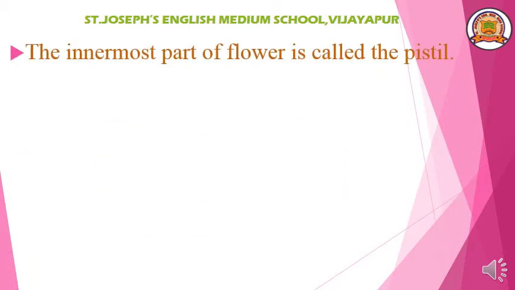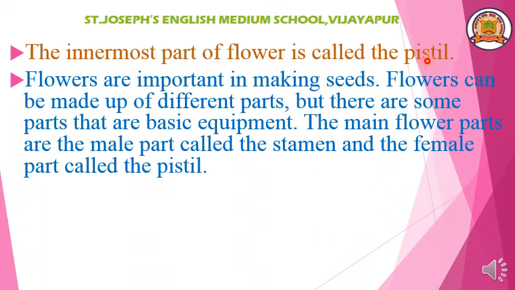Let us describe once again the structure of the flower by using points to recall it. The innermost part of a flower is called the pistil. Pistil means female part, which is deeper inside the flower and covered with the colorful petals.